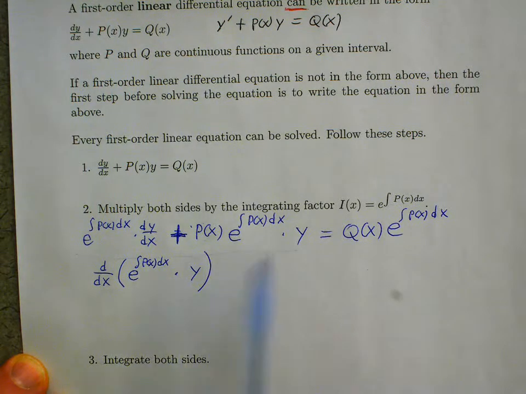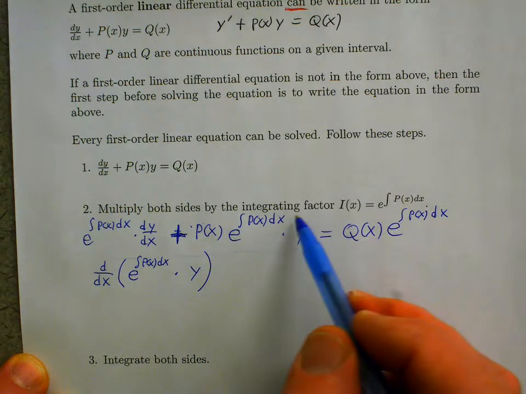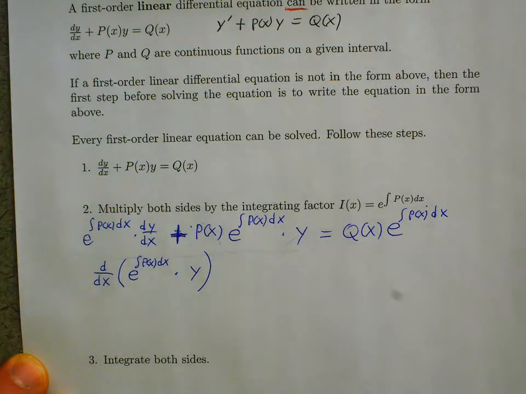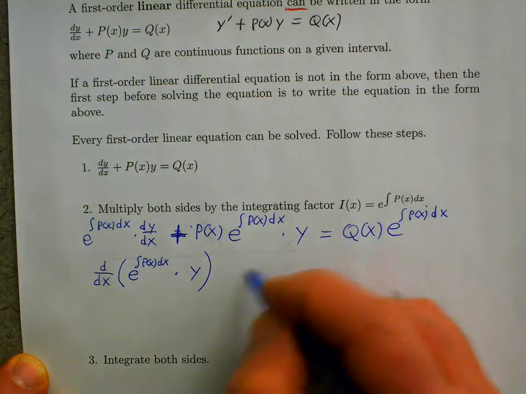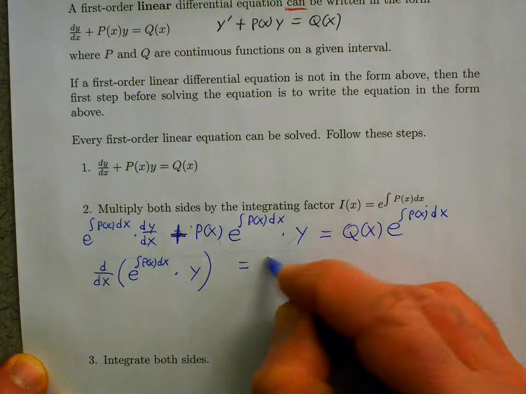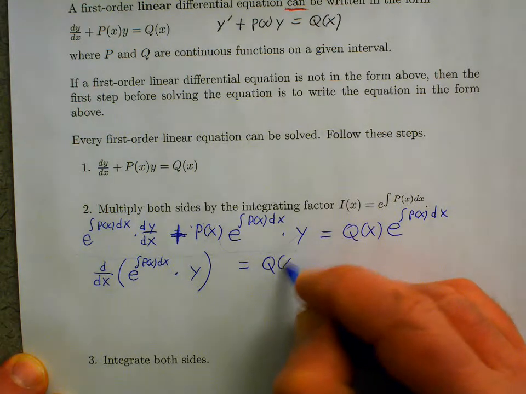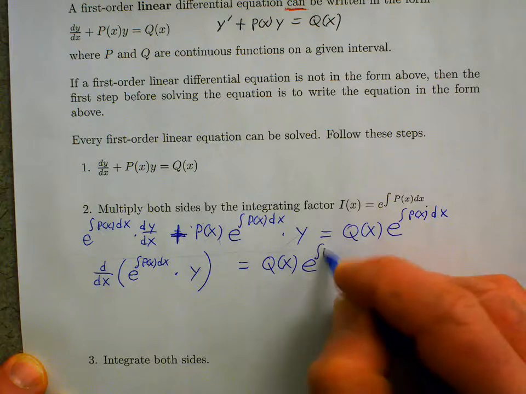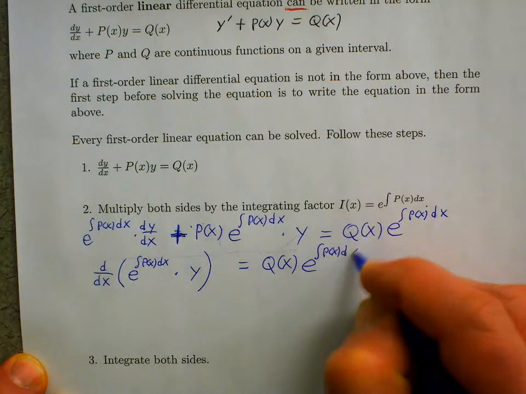So this should not be foreign to you, with the exception of you might not have seen e to the integral of p of x dx before, but just computing the derivative of this using the product rule gives us this expression. So that's equal to the expression on the right-hand side, q of x times e to the integral of p of x dx.